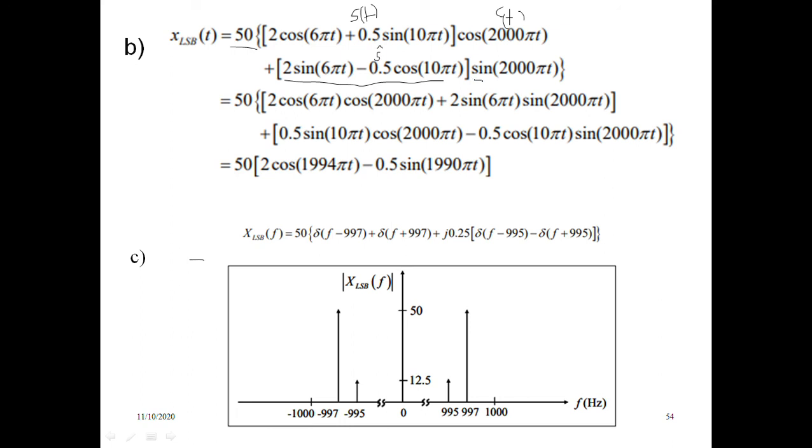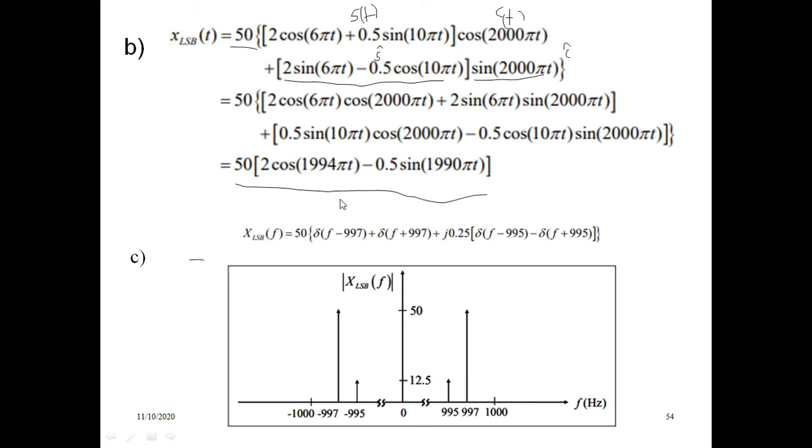And this is the C hat, the carrier Hilbert. So now carefully multiply. At the end, you must simplify the signal into one side only. After you get this, you can find the spectrum by converting into delta signals.